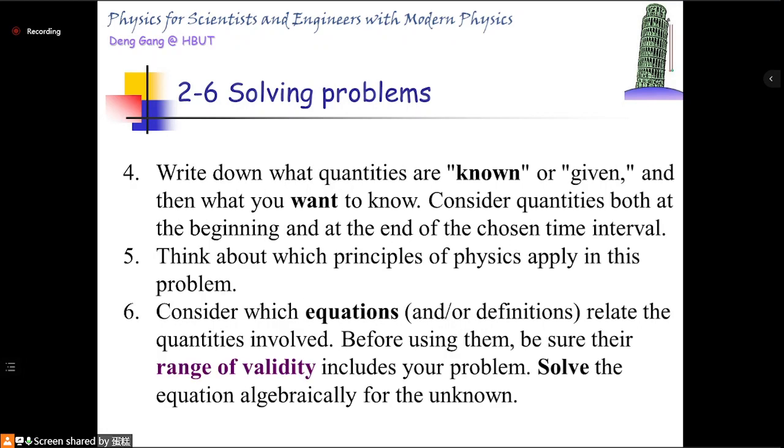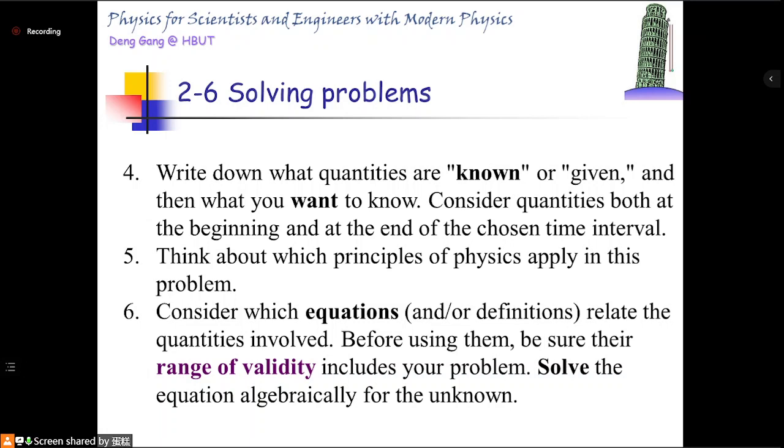Then you need to find out what is known or given and what is unknown, what you are going to find out. Then we try to find the equation or a principle that can connect those known and unknown things.